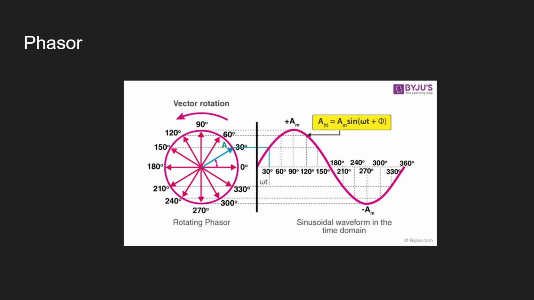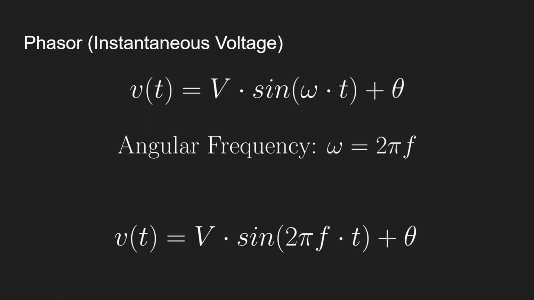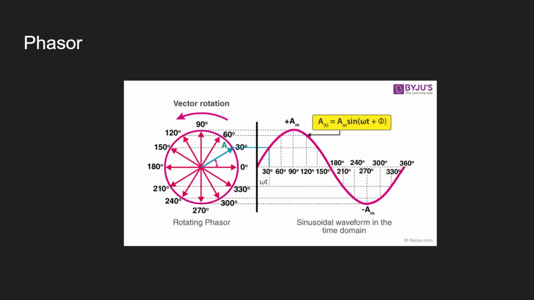Omega means at every time point the frequency of it, 2 pi f. If you can remember the angular frequency, it is 2 pi f, 2 pi f t. 2 pi means 1 cycle. How long does it take to finish 1 cycle? Because electricity travels in a circle like this, that is actually why we use the angular frequency.